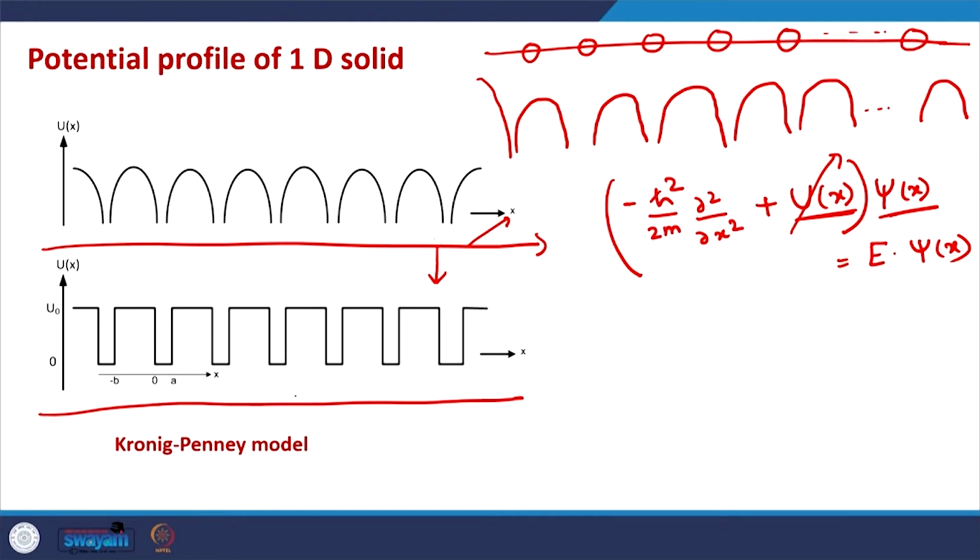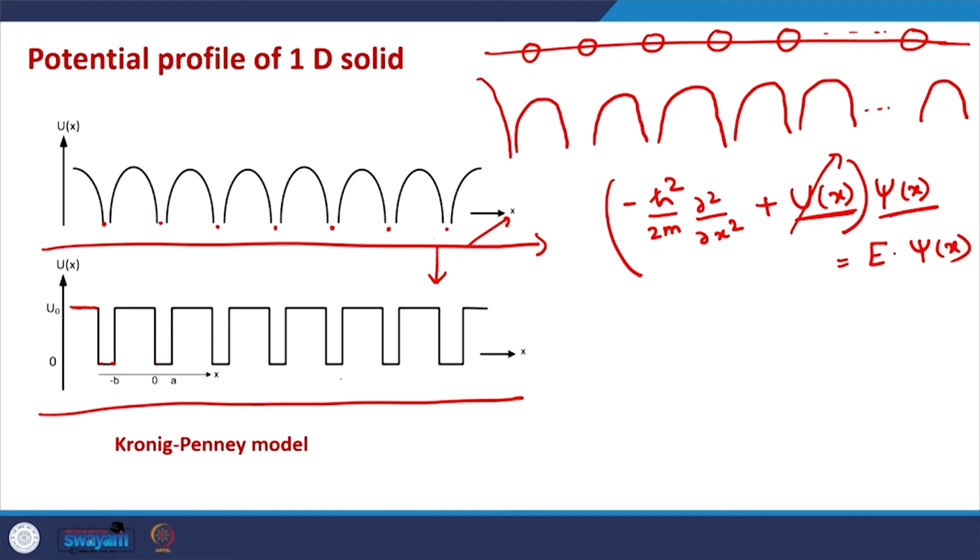And instead of having negative infinite potential energies at certain points, which is the case at these points, the Kronig-Penny model takes a finite value of potential energy at these points. So, in this particular figure, it is taken as the reference point, and the potential energy is considered to be 0 at these points, and the upper value of the potential energy is taken to be U naught.